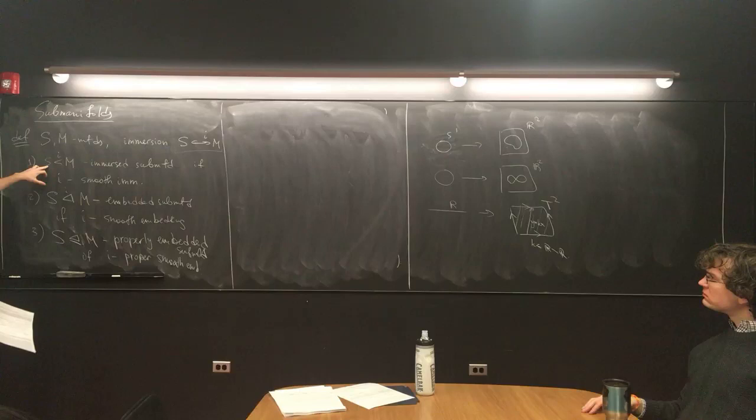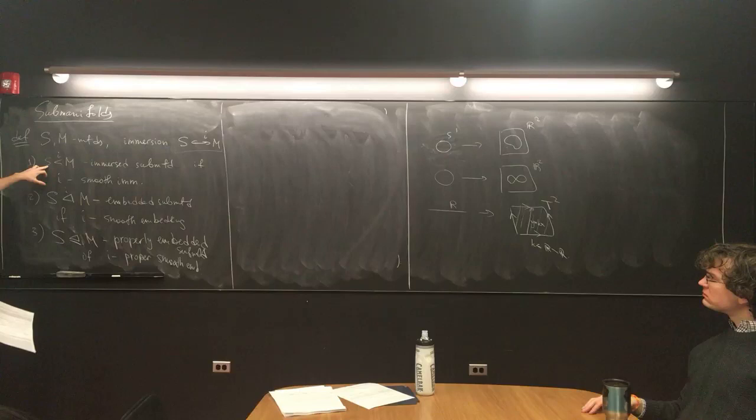And then you need to apply this definition to that inclusion map. So sometimes if S is a subset of M, we will not even specify the map I. It's just by default the inclusion map.